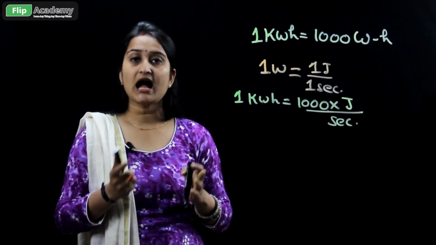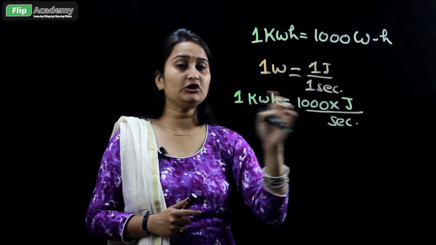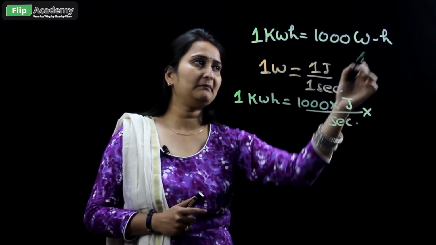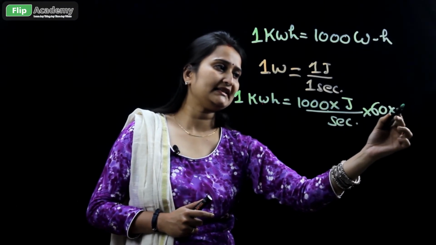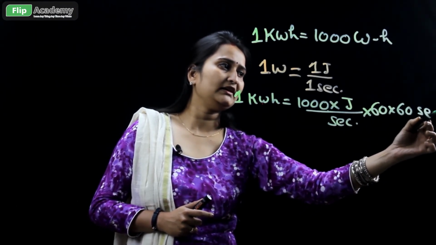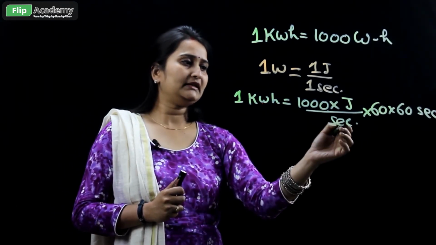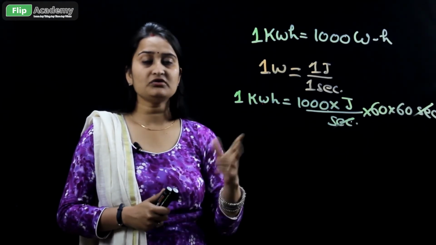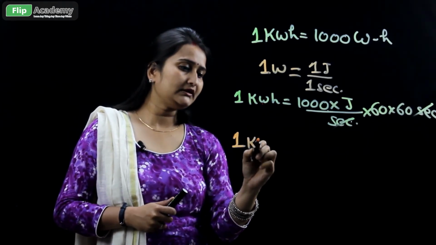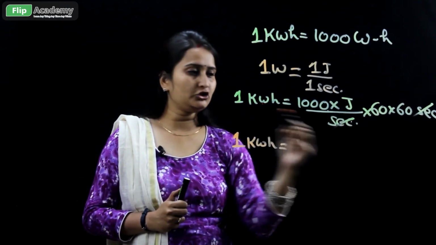Now, replace hour with seconds. How will you convert 1 hour into seconds? You have to multiply it by 60, and by 60 again, and you will get the answer in seconds. This is seconds and this is second, so it will get cancelled out. Now, just calculate the value. 1 kilowatt hour is equal to, you will get joule.